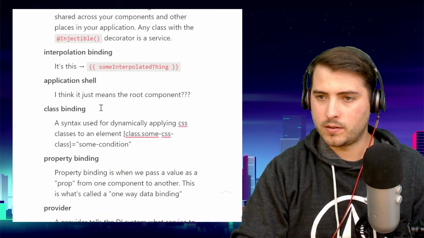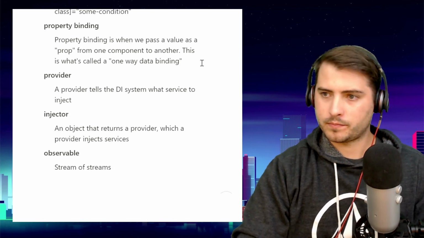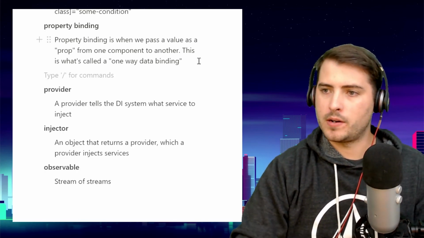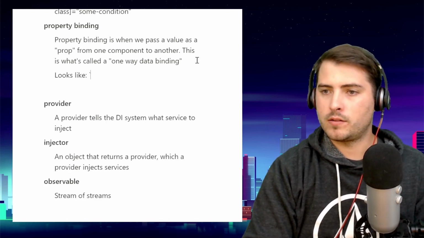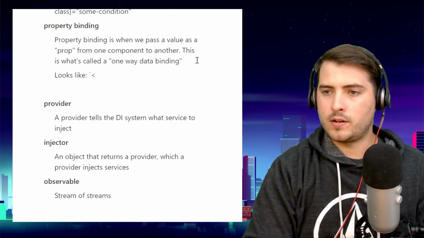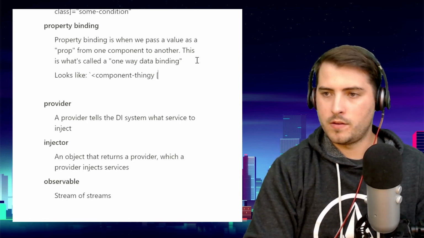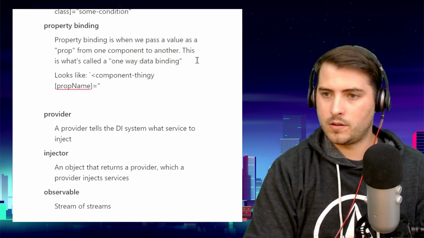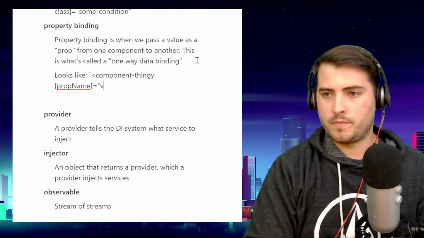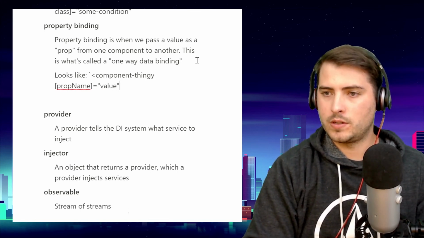So let's go down here, because we've got property binding, which is the square bracket syntax. So you've got your component, and then you've got the prop name, and then some value that you want to pass into it.